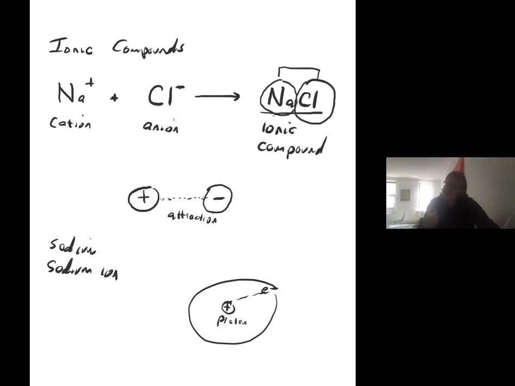They are different substances. Sodium is a neutral atom. Sodium ion is a cation. The fact that the sodium is a cation is going to give it very different properties.